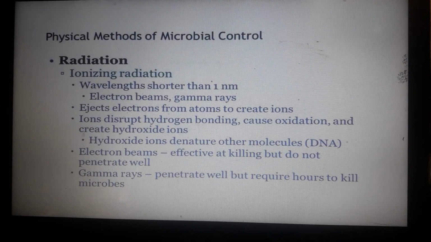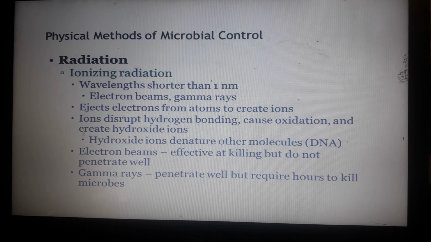Okay. So physical methods of microbial control: we have radiation, so ionizing radiation, with wavelengths shorter than 1 nm, such as electron beams or gamma rays. This ejects electrons from atoms to create ions. The ions will disrupt hydrogen bonding, cause oxidation, and create hydroxyl ions.